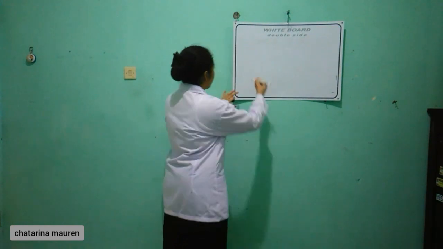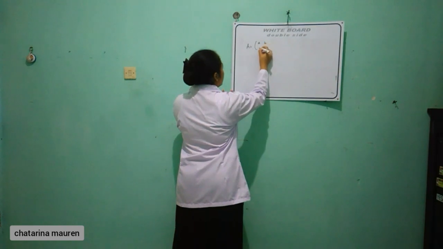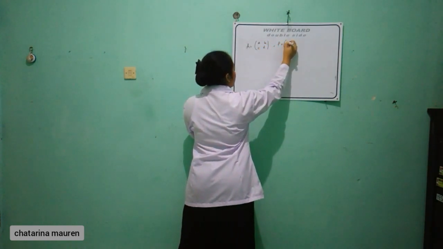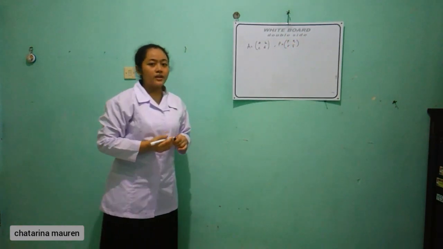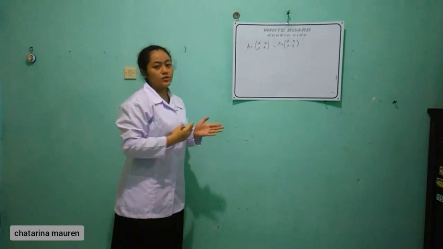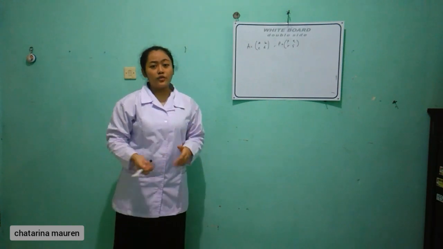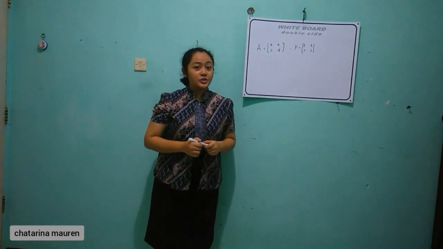Suppose I have matrix A is a, b, c, d, and P is p, q, r, s. If A and P are equal, which ones are said to be corresponding elements, and what is the meaning of equal elements? I want to try to answer, ma'am.